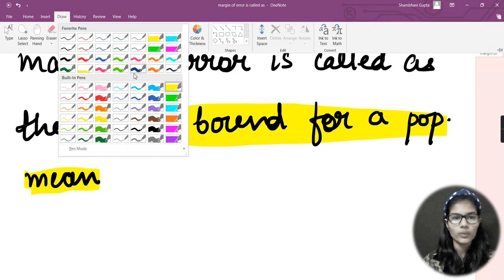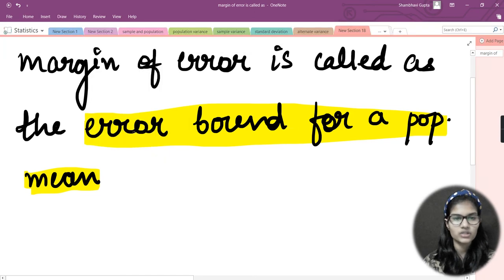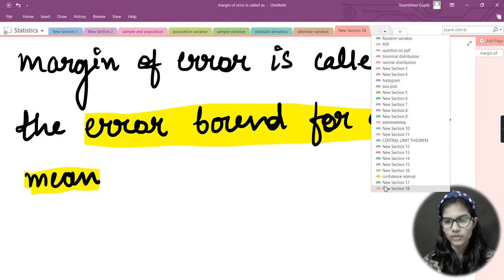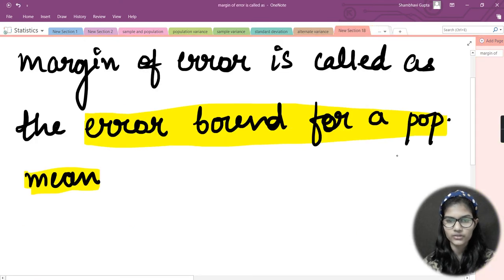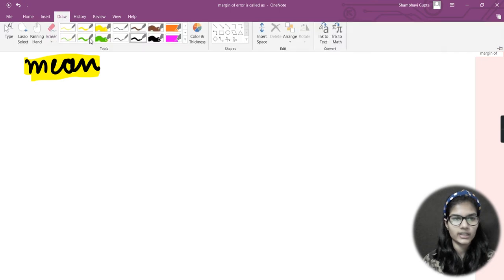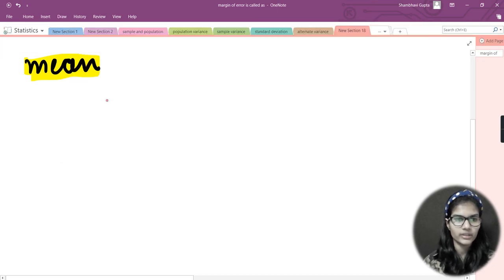Now when I change the name for this, the form we had seen previously, let me quickly show you that form once more, because we had seen it in the starting, yeah, this one: point estimate minus margin of error, comma, point estimate plus margin of error, right? So now we can give some symbols to these values. I will take a different color so that it differs a little bit. Here I will put the bracket. First was the point estimate, the mean, so I will put here x bar.